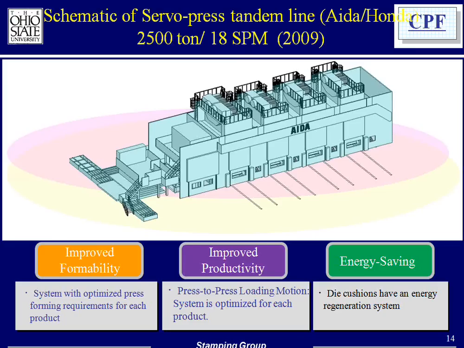If you have a tandem line, this tilting doesn't exist because you have different rams for different stations. So you can obtain, as you see in this slide, a better formability, and you can increase the productivity. I will show you some examples of what I mean by that.